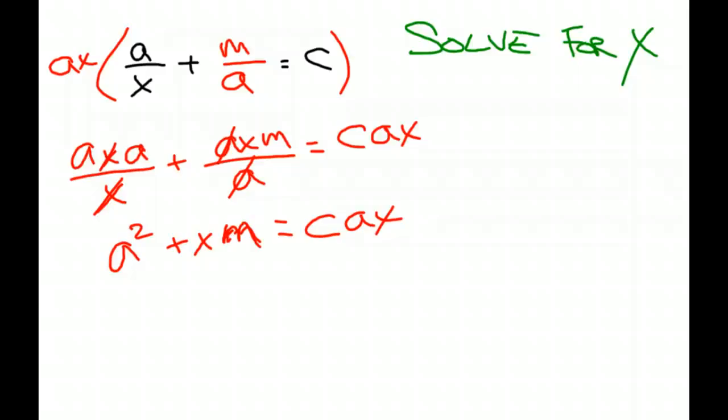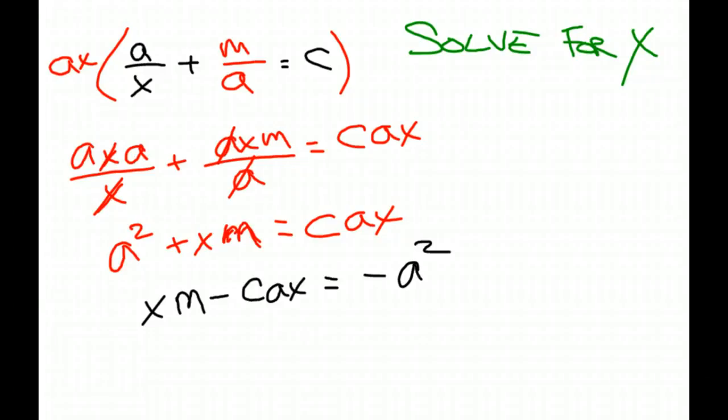So we're going to move all terms that have x's to the same side, and all terms without x's to the other side. Oh, you flip it all. The xm stayed there. I move this over to the other side, and I move this over to that side.